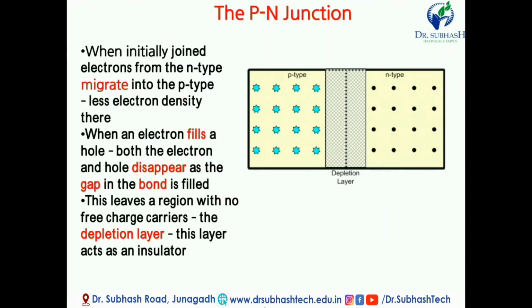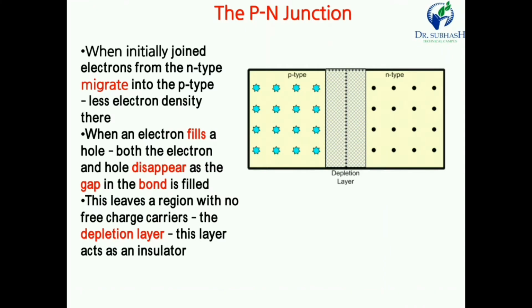Now, when initially joined, the majority electrons here will transfer to the P-type material, where holes are available. Whenever an electron fits into a hole, electron-hole recombination occurs.